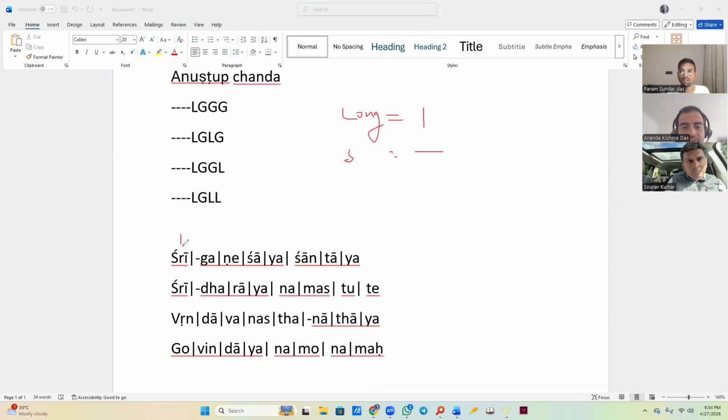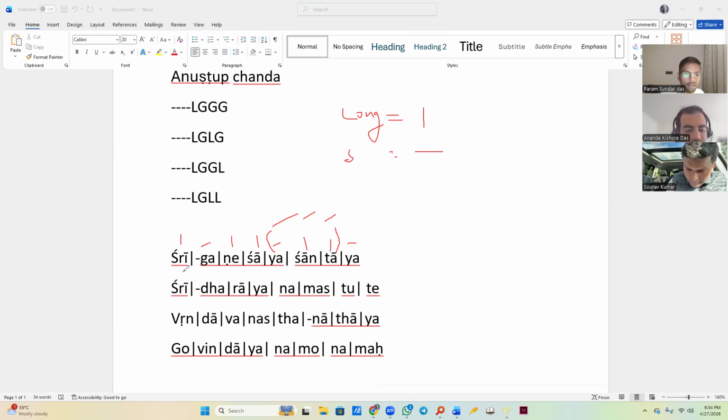So Shri, Ga is short, Ne long, Sha long, Ya short. Sha is long, Ta is long, and Ya is short. If you see the 5, 6, 7 number, it is Laghu Guru Guru. Even the 8th letter fluctuates, so don't consider that. 5, 6, 7.